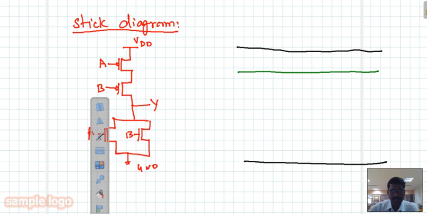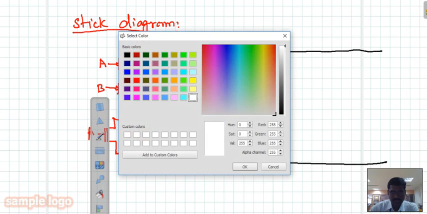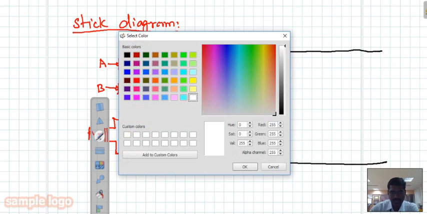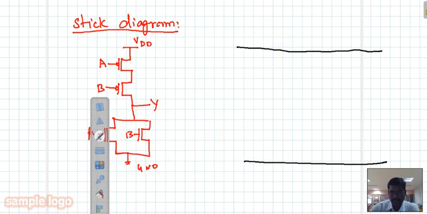P plus we draw using yellow color, and N plus we draw using green color.